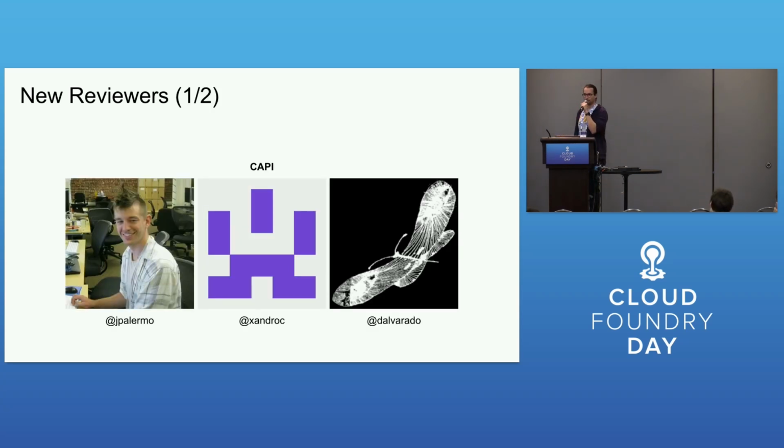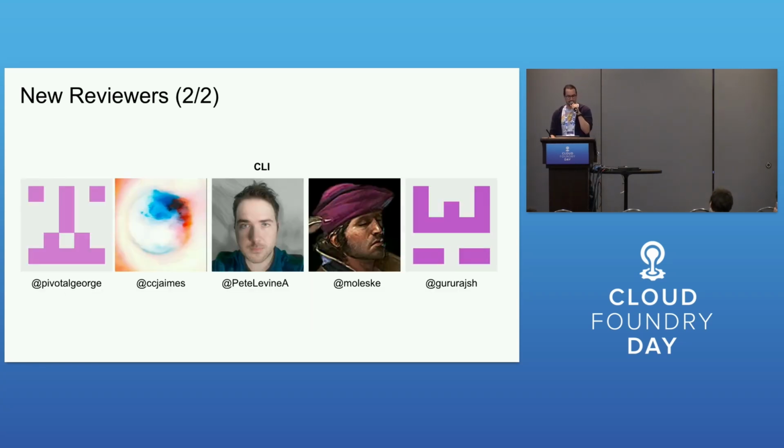We have 3 new reviewers on CAPI, and CLI has 5 new reviewers. There are plenty of other teams that don't currently have reviewers. So if you're interested in starting the process of contributing to any of these areas, I definitely recommend that you apply for reviewer status. It's a great way to get involved, and there's plenty of PRs that need reviewing.